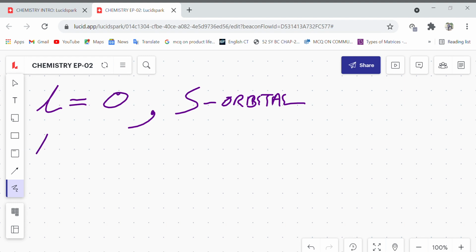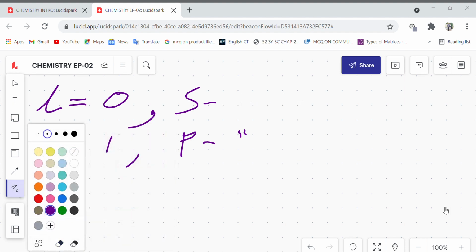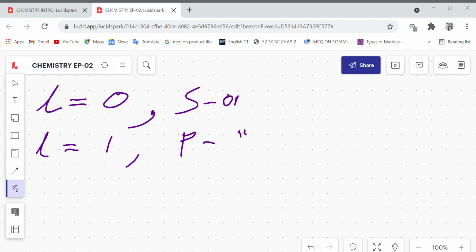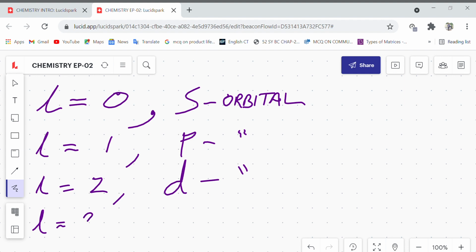When L equal to 1, it is in the P orbital. When L equal to 2, it is in the D orbital. When L equal to 3, it is in the F orbital.